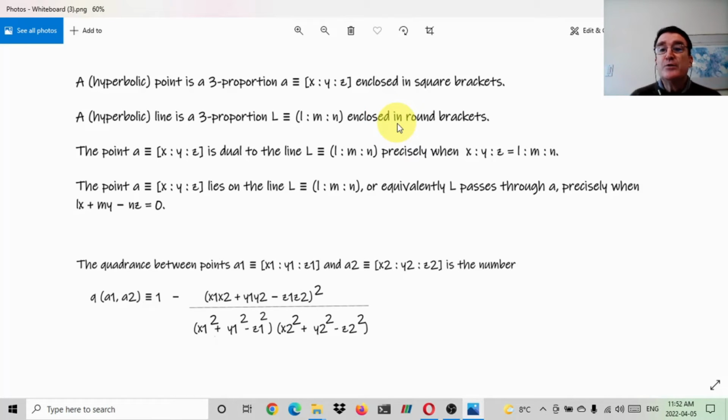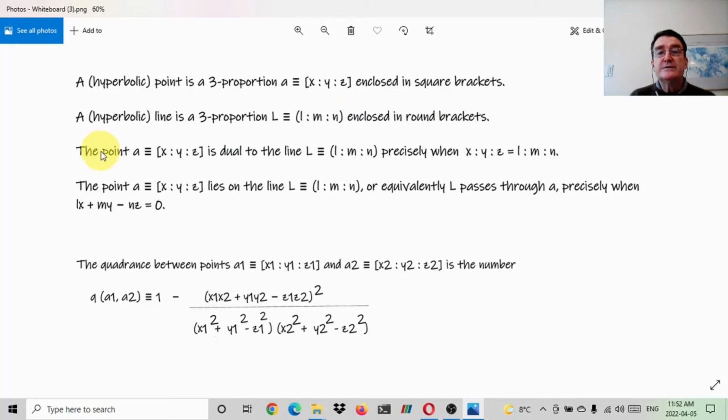In universal hyperbolic geometry, a hyperbolic point is a 3-proportion A = [x : y : z] enclosed in square brackets. A hyperbolic line is a 3-proportion L = (l : m : n), enclosed in round brackets.